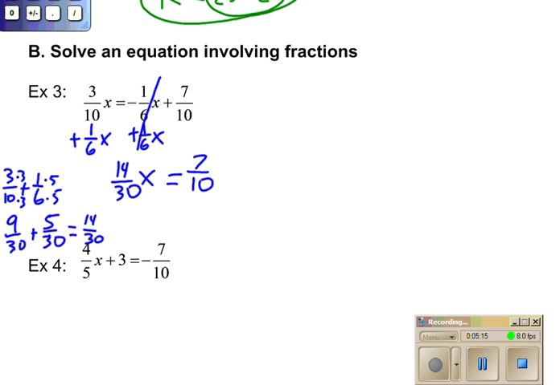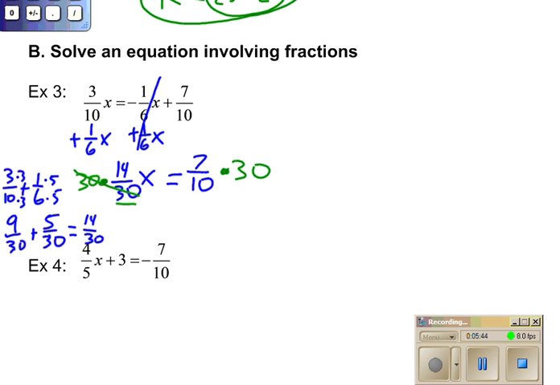To get rid of the 30 on the bottom, we need to multiply both sides by something. If I multiply by 10, there's still going to be a 3 in the denominator over here. So let's multiply by 30. What happens here is these cross off.